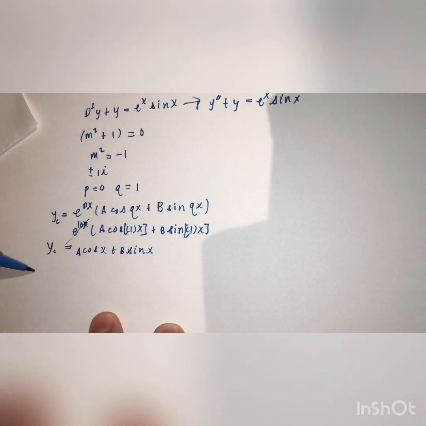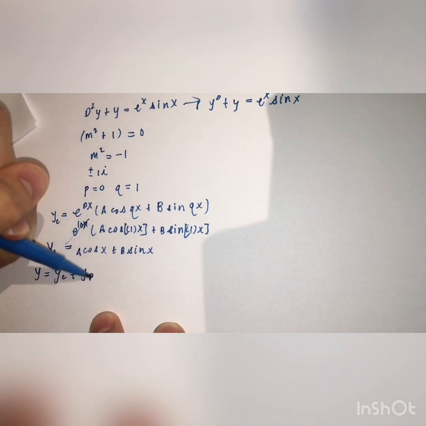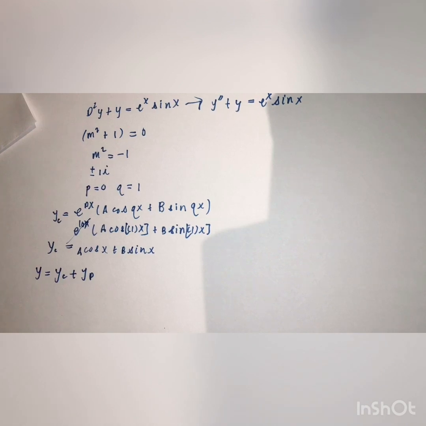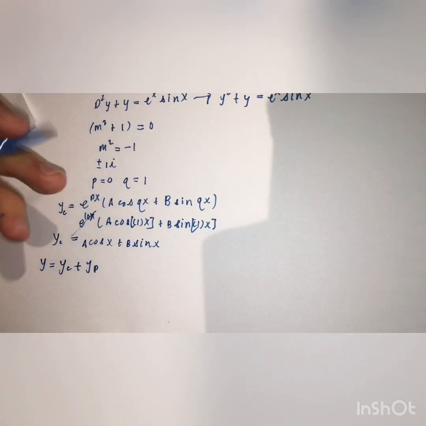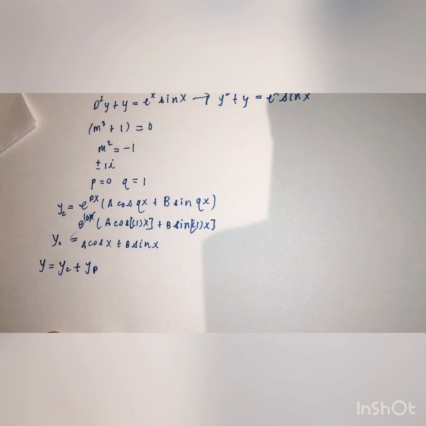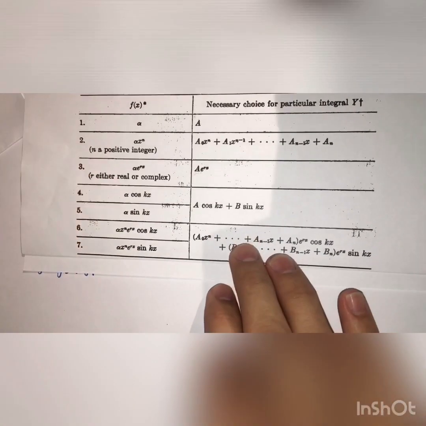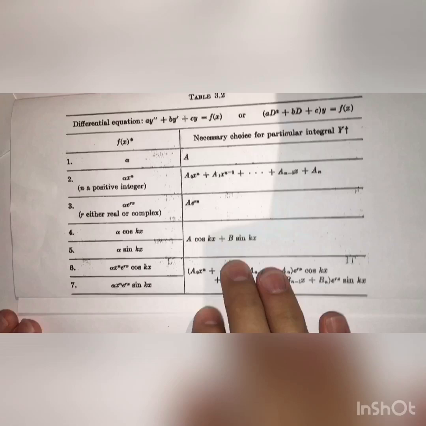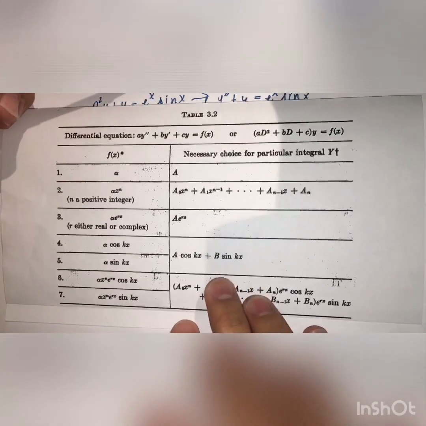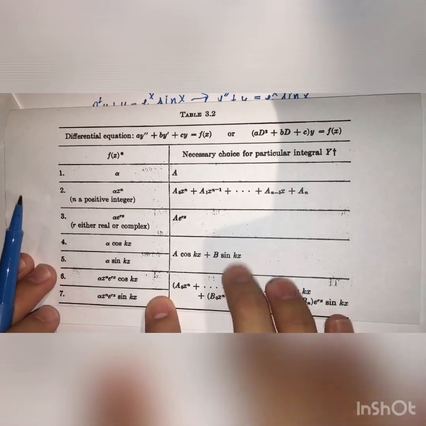And the complete solution would be y is equal to yc plus the particular solution. And now we just got to find our particular solution. And we'll go back to this other table here. We have to look at the other side of the equation, our second function, e to the x sine of x, and try and match it to the chart.